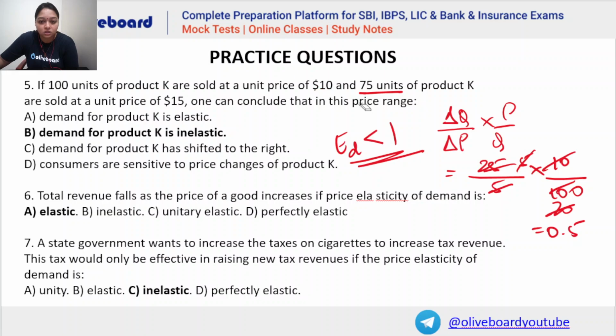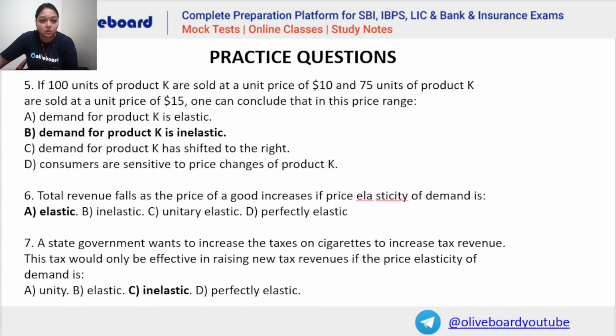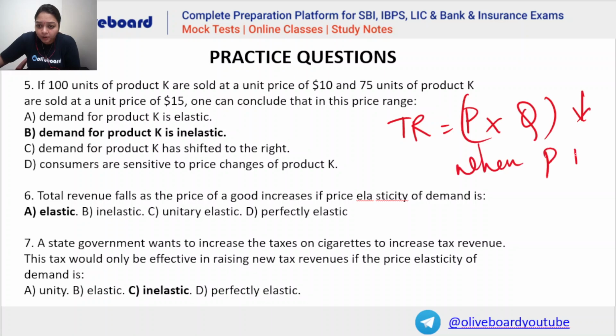So what is your sixth question? Your sixth question is that total revenue falls as the price of a good increases if price elasticity of demand is. So they are telling you that total revenue, which is price of the commodity into quantity sold, is decreasing when price is increasing, right? So you need to understand here.